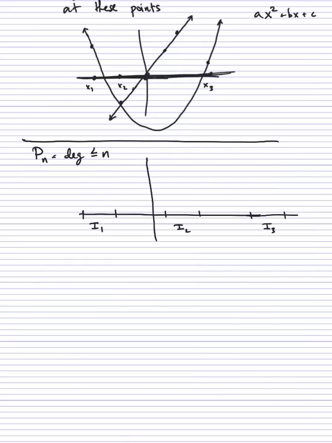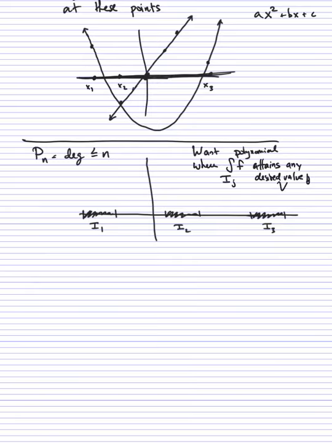I3, and so on. Okay? So you fix n plus 1 number of intervals, and then what you want is a polynomial where the integral over I sub j of f attains any desired value for all j.